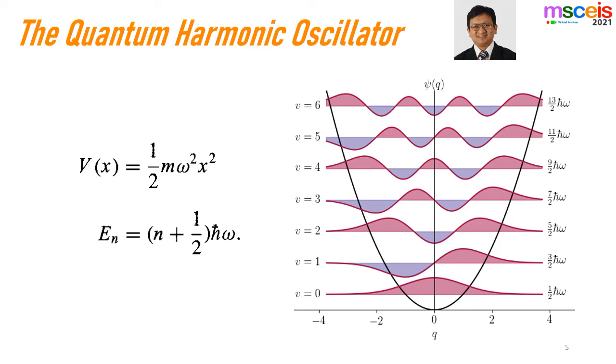Now we will talk about the quantum harmonic oscillator. So to remind us, the potential of the quantum harmonic oscillator is half m omega squared x squared. m is the mass, omega is the frequency, x is the position. And if you plug this into the Schrödinger equation, we can actually obtain the solution of the wave function as well as the energies for different states.